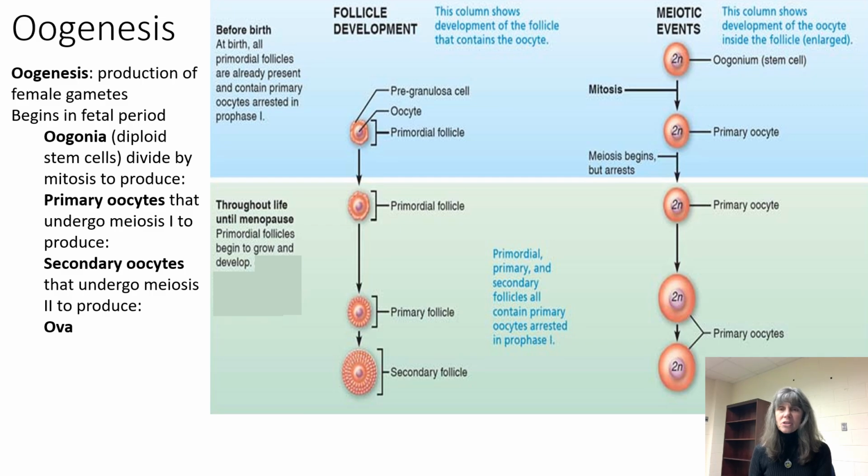It undergoes mitosis to create a primary oocyte, and that meiosis is now going to begin, but it gets arrested and stops in prophase 1, so it's not going anywhere.